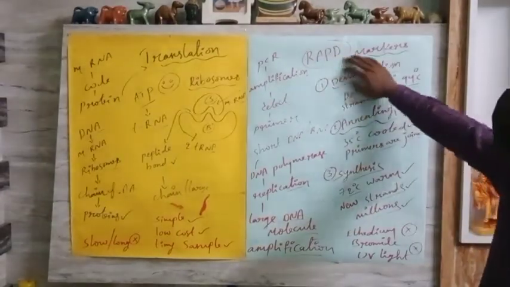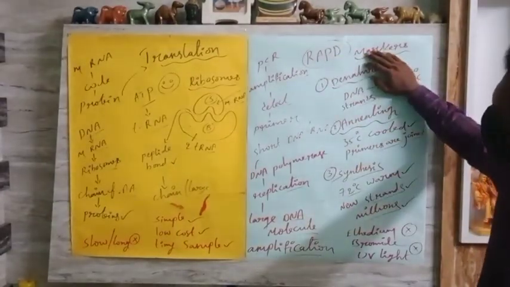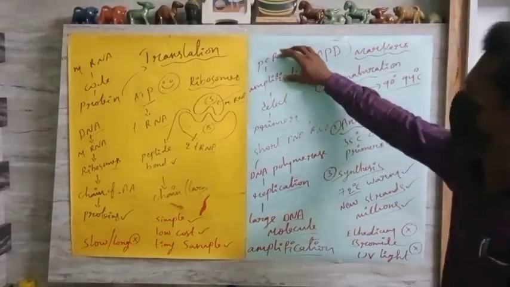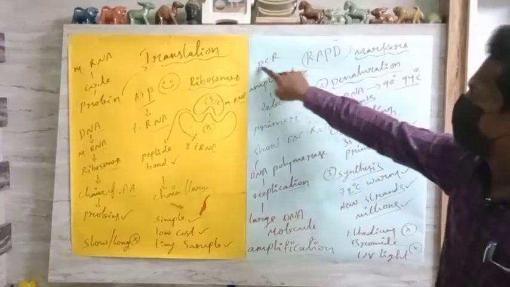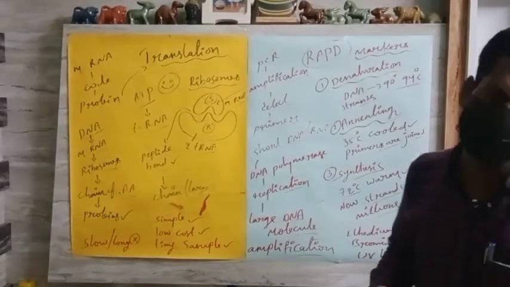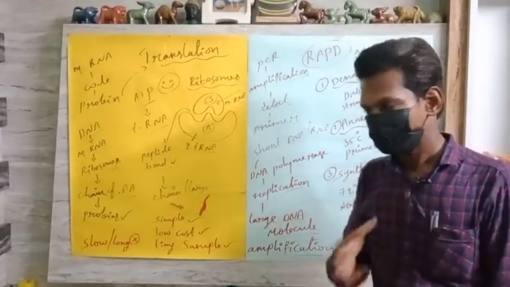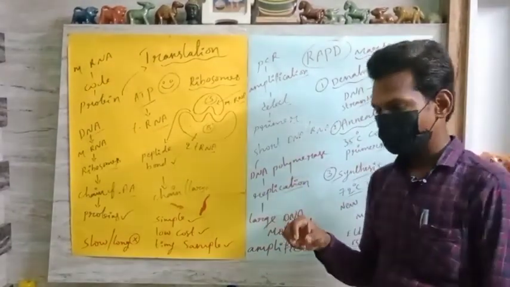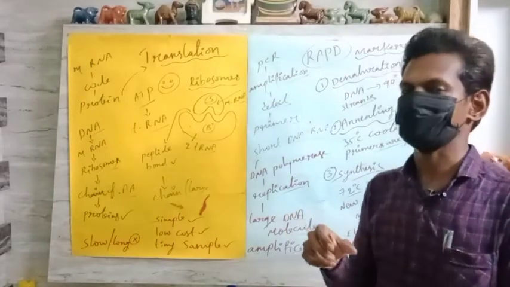RAPD markers are mainly used in the PCR amplification technique, polymerase chain reaction. Do you have an idea of the ELISA test, which is performed to detect the human immunodeficiency virus, that is AIDS?